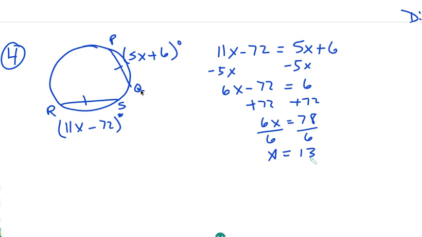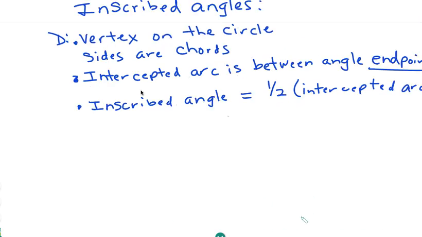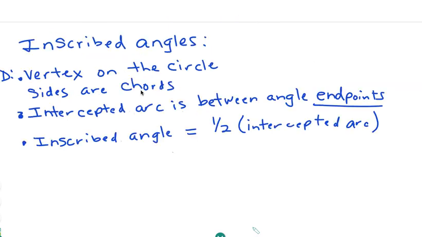So now that I have x, I can see what the measurement of the arc is. So the measure of arc RS is going to equal 11 times 13 minus 72, which is going to be 71 degrees. Now let's look at inscribed angles.